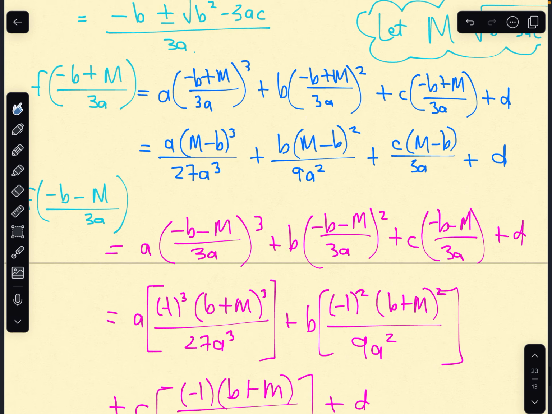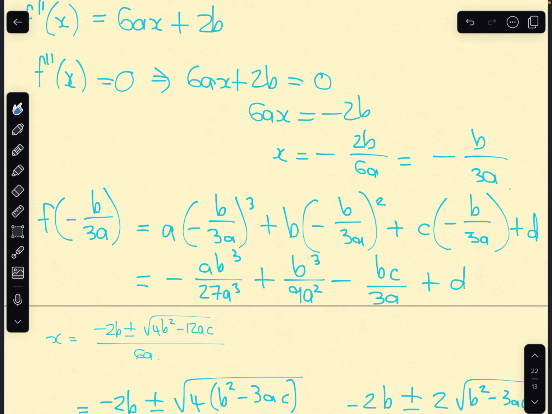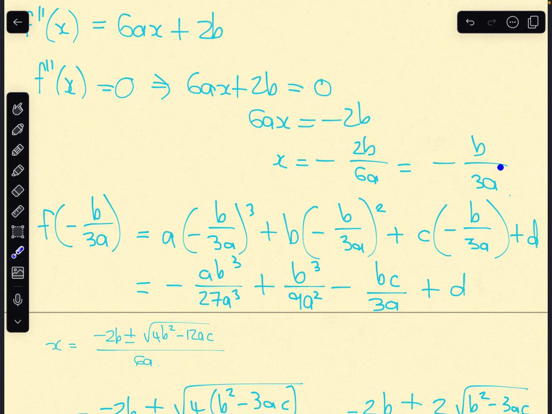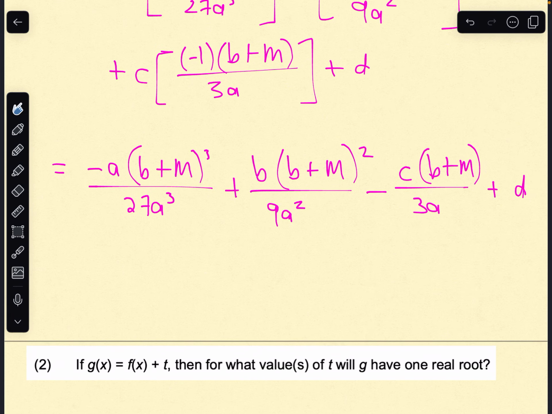Okay, so now we want to see if the average of these two gives us this y coordinate that we got over here. Hey, no, not this one. This one. This is the y coordinate. Okay, so let's see. I need yet another page.